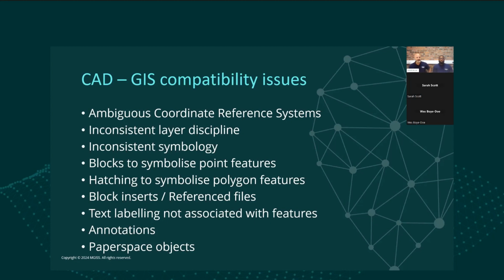And one issue is that a lot of useful information is attached to features as text labels, but these labels in CAD are not directly associated with the object that they're attached to. Likewise, there's a lot of issues with paper space objects in CAD drawings when importing into GIS. A lot of the dimensioning comes through as objects. Likewise, the borders and titles come through as objects.